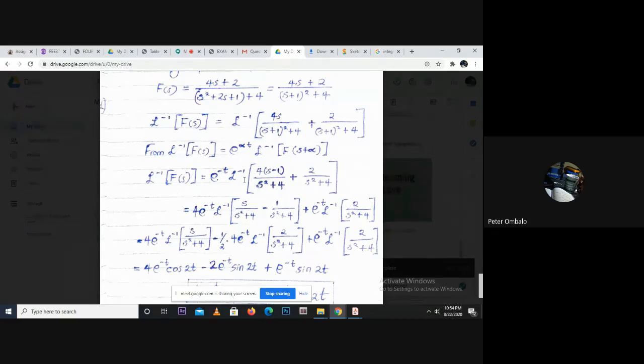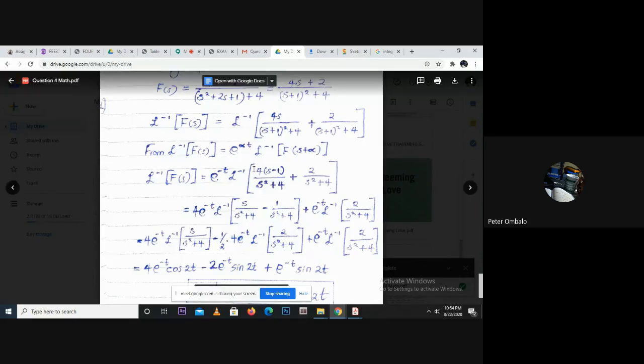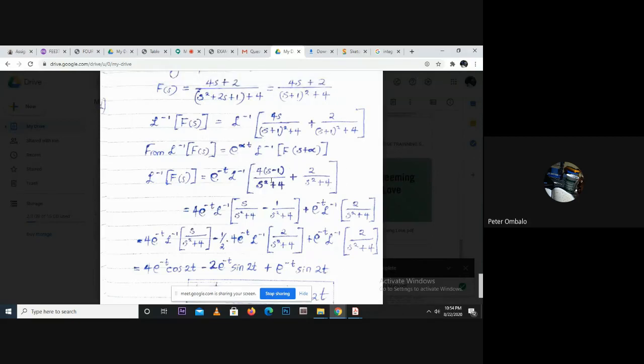So we replace all the s's here with s minus 1. S plus 1 here minus 1 is going to be s squared. So we introduce an e to the negative t, but it cleans up our fractions.